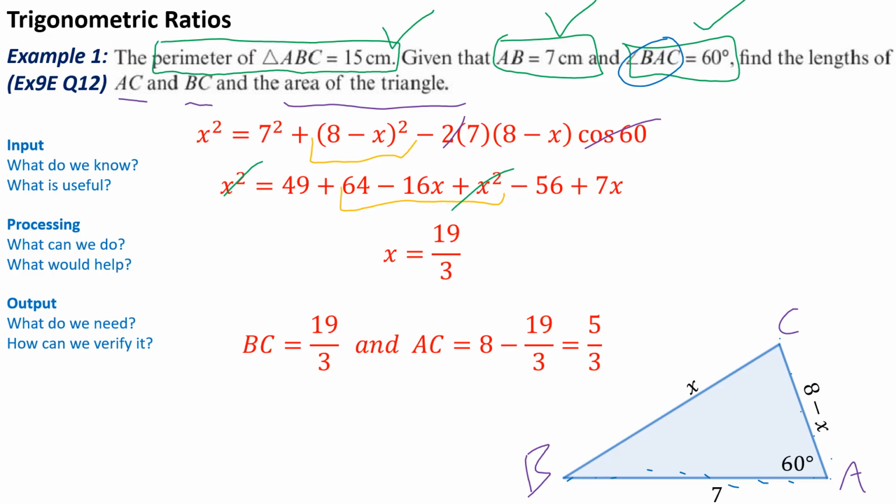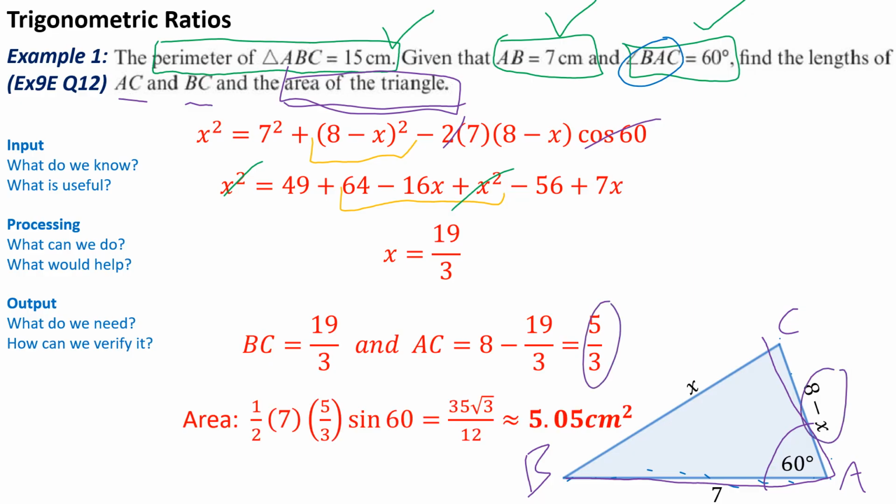Because the last bit will be the final thing they've asked us for, which was the area of the triangle. And remember, our area formula uses 2 adjacent sides and the angle in between. We've got 7, we've got 8 minus x, which we actually now know is 5 over 3, and we've got the 60 degrees.